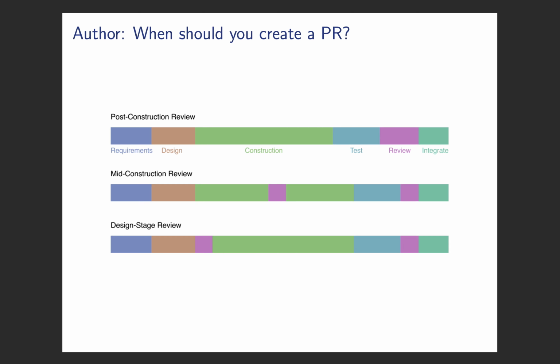And so maybe this would be like, here are stubs for the functions and classes I'm thinking about, or here's a diagram, just whatever you've got, and just say, hey, I want a quick review.